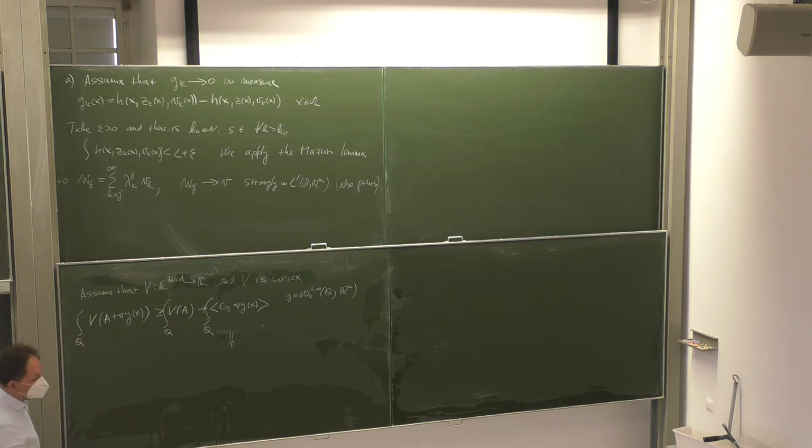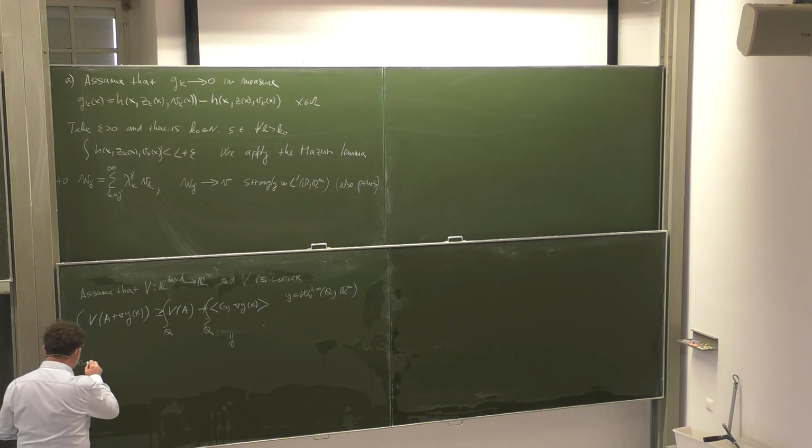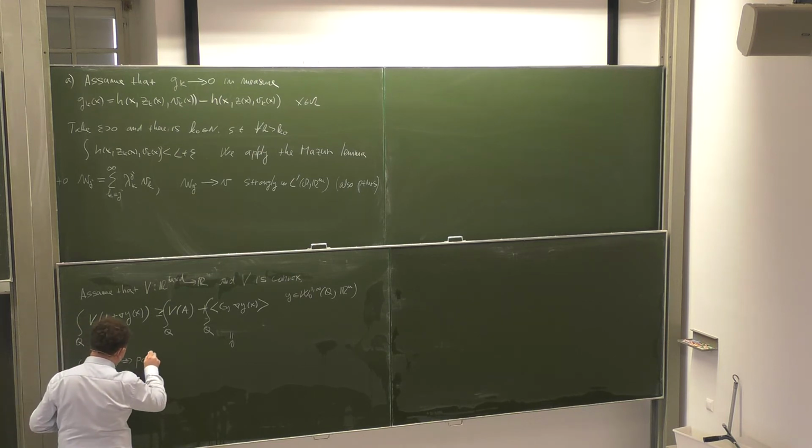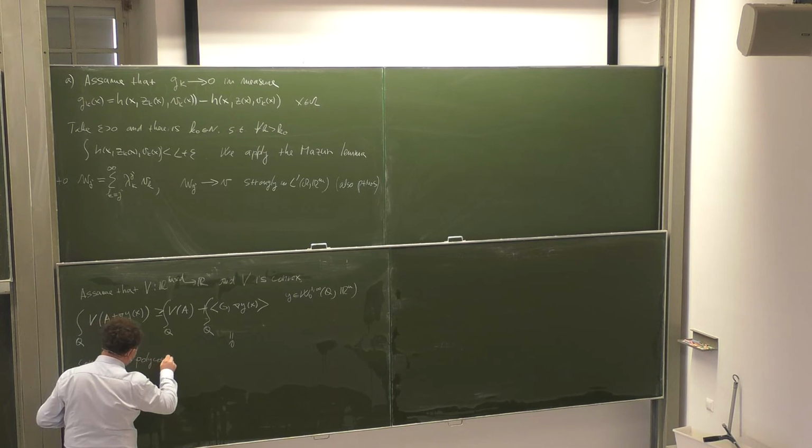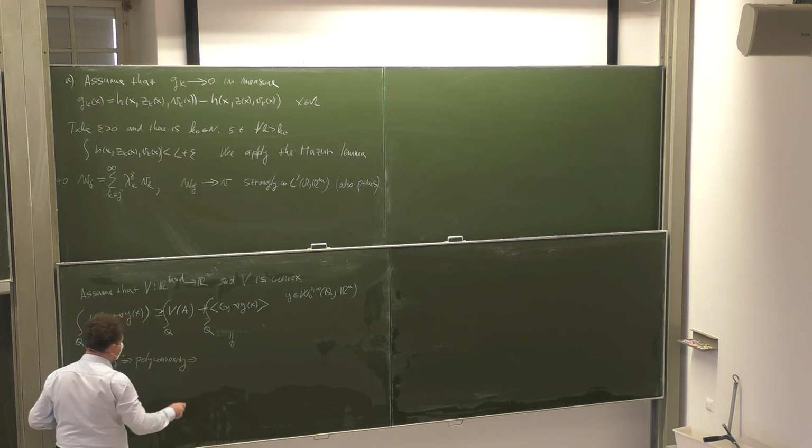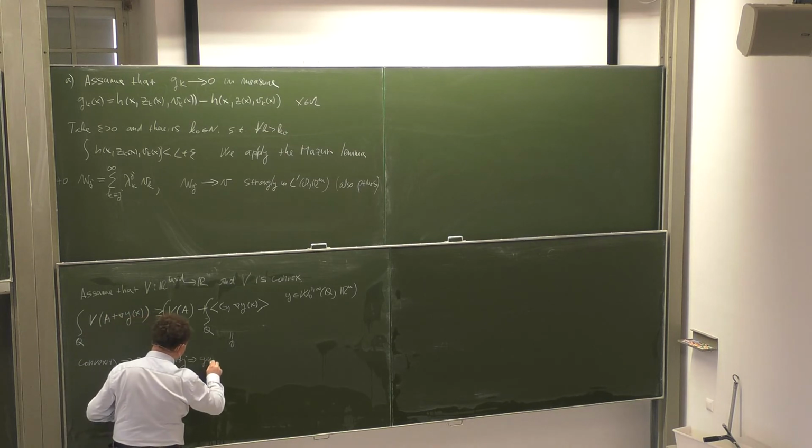So convex functions can easily be shown to be quasi-convex by this argument. And because we know that convexity implies polyconvexity, and polyconvexity implies quasi-convexity, we have a chain: convexity implies polyconvexity, and this implies quasi-convexity.